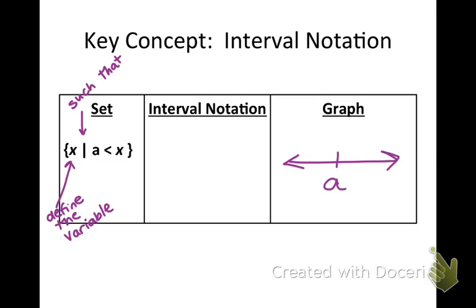And instead of an open closed dot, so here we had open dots. Okay, so instead of an open dot, we're going to use a parenthesis. Instead of a closed dot, I want you to jot this down in your notes. So a closed dot, we're going to use a bracket.